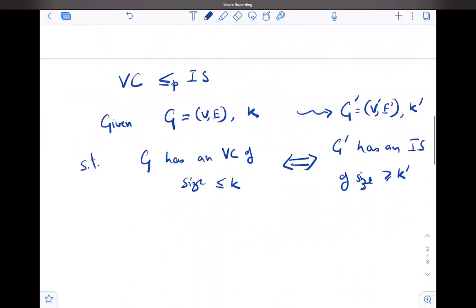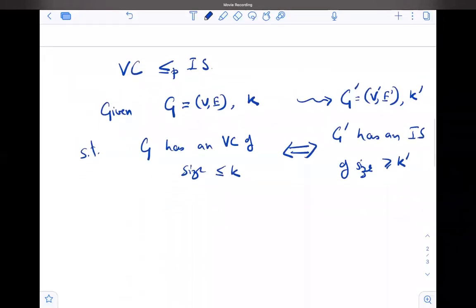Right? So this is what you are supposed to prove. Note that this is what is given to you, and this is what you will produce. It is not the other way around. That's something very important.